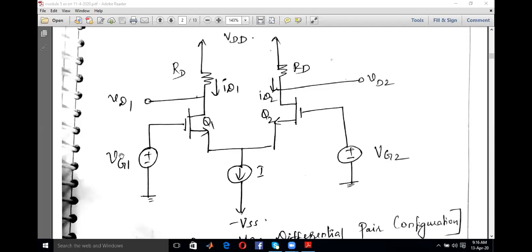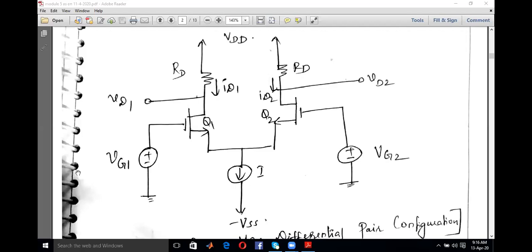But this amplifier will reject certain signals and accept certain signals. While we are performing this amplifier operation in common mode, it will not offer any gain, meaning it is rejecting the common mode signals. I'll repeat it. What do you mean by common mode?